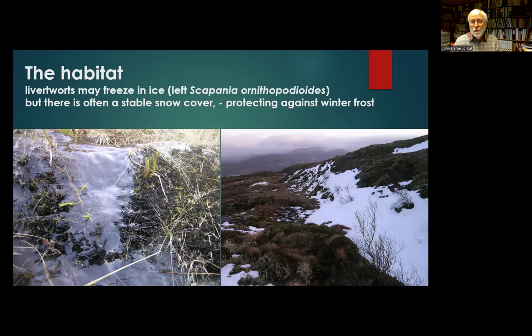There is stable snow cover, more stable than in the other parts of the landscape. So it can be that the snow cover is important to protect against winter frost. We cannot exclude the possibility that these species are also thermic oceanic.